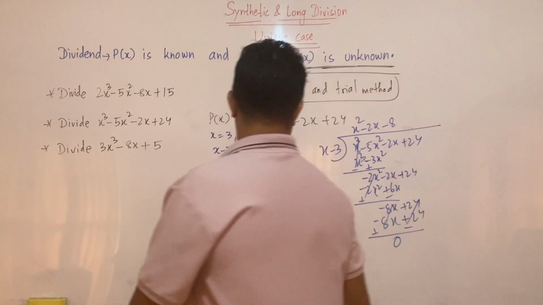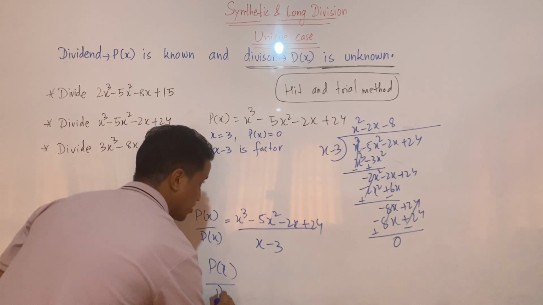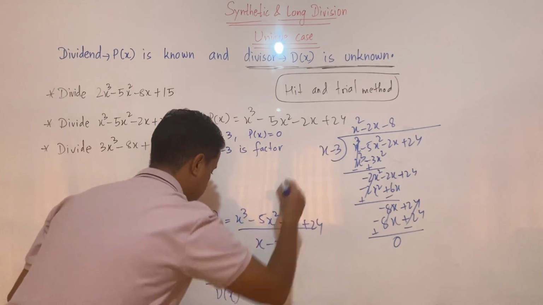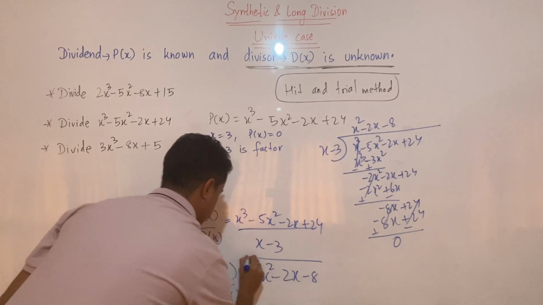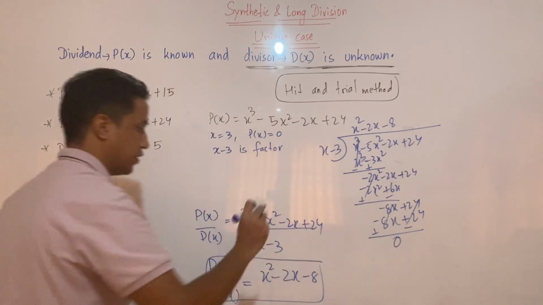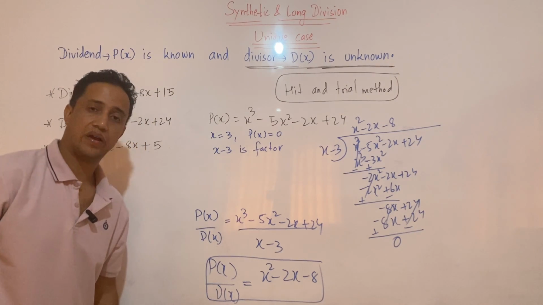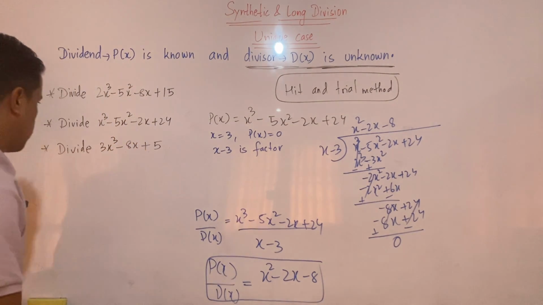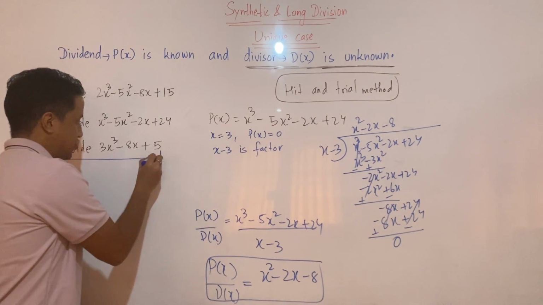So your p(x) over d(x) is x squared minus 2x minus 8. I hope this is clear to you. So you can do the same for this question. This question is your homework.